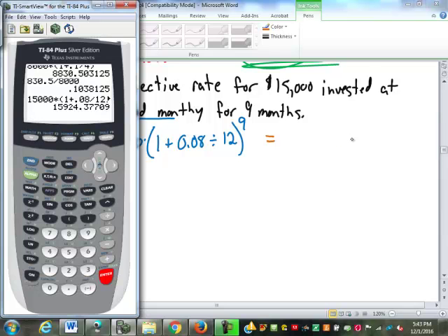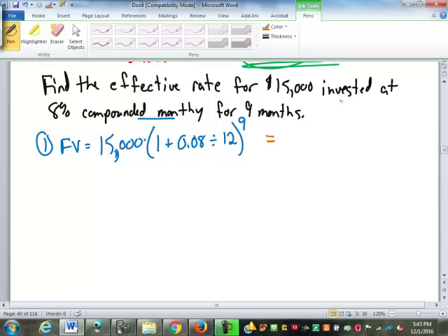And then we did the 4 with 12 in that one. We did 9/12 of a year. That's the time, times 12 periods in a year, and the 12s cancel out to just 9 periods. It was compounded monthly, so 12 is the N, times our time was 4/12, so 12 times 4/12 gives us 4 periods. So that's what you're thinking there.